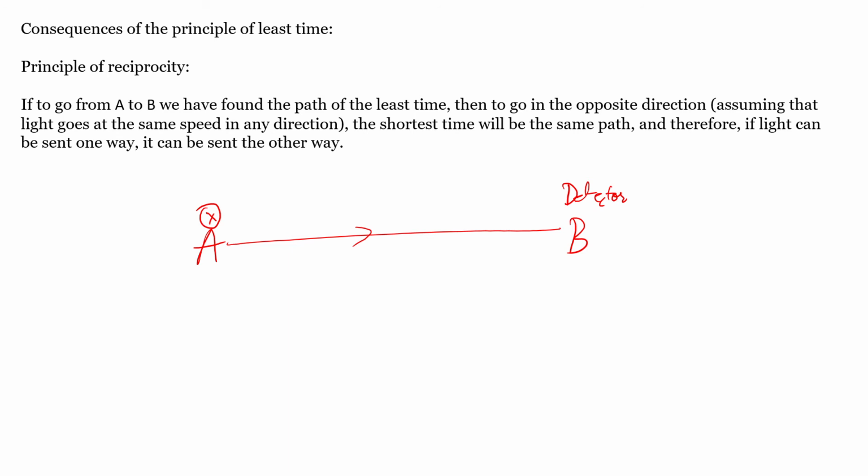If I change the position of the light source and the detector, so I put the detector at A and the light source at B, it still is the same path. It's still a straight line. So if light goes one way, it can be sent the other way too. That is the principle of reciprocity, right?